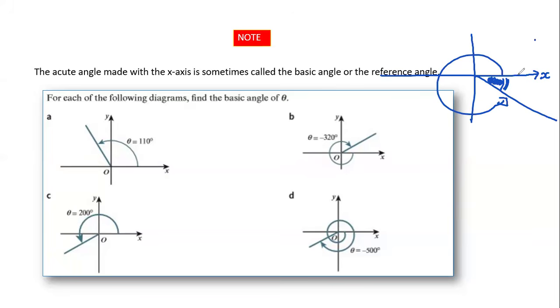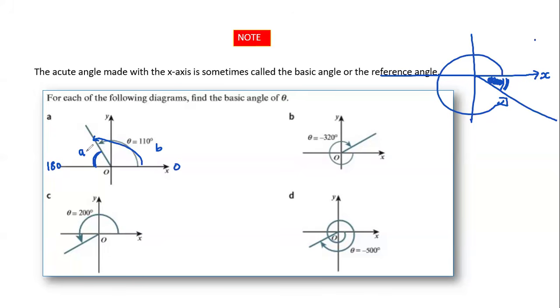Okay, people are getting 70 on A. How is it coming? Now you ask yourself, from here up to here, you notice 180, not so? Now you ask yourself, what angle is here? When you look at this angle and the angle you have moved, which one is very close? Is it A or B?